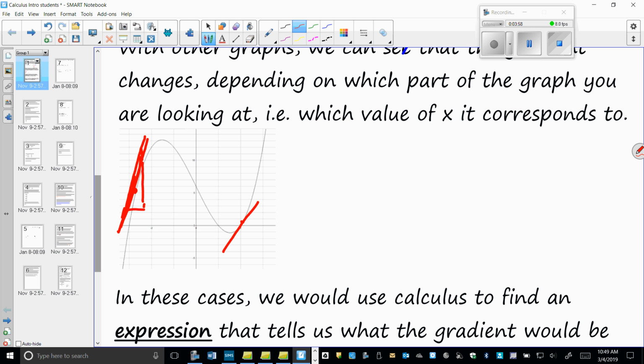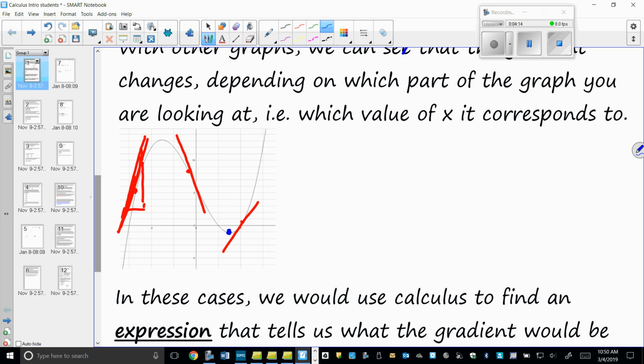Positive? Not quite as steep, yes? And what about this point here? Negative? High negative, yes?